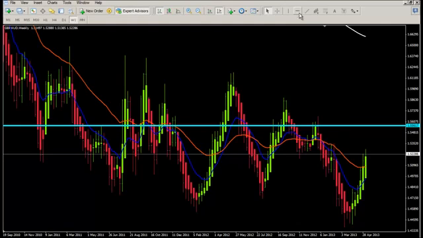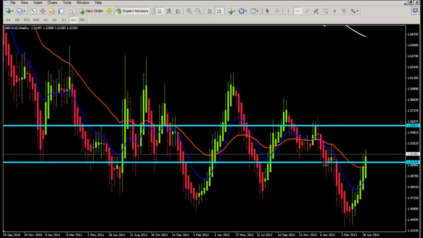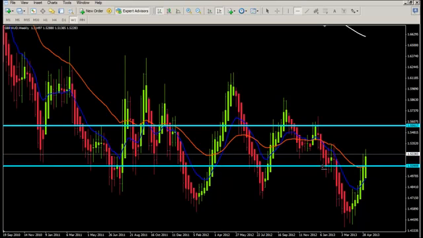Okay, what about support? You need support under your price, where the price is right now, below that. And of course you have, as I said, in this area already support, but let's go down, find a previous area, nice area.